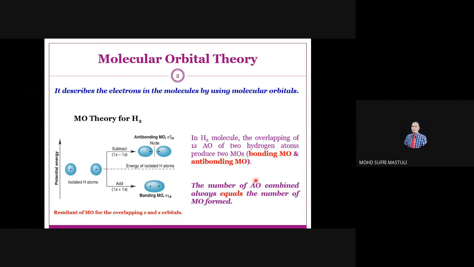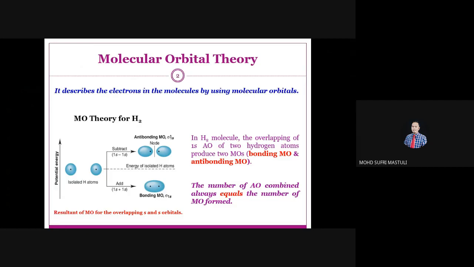The number of atomic orbitals, two, is equal to the number of molecular orbitals formed, bonding and anti-bonding.